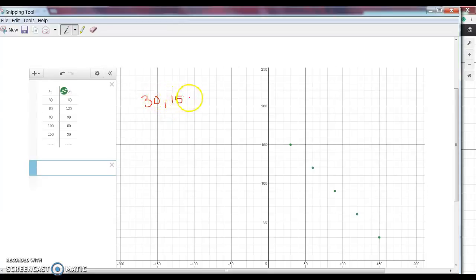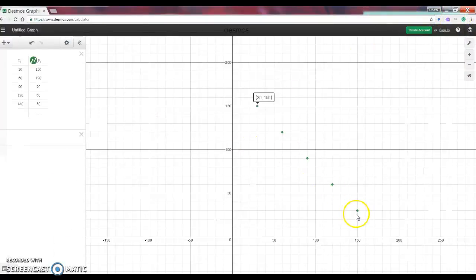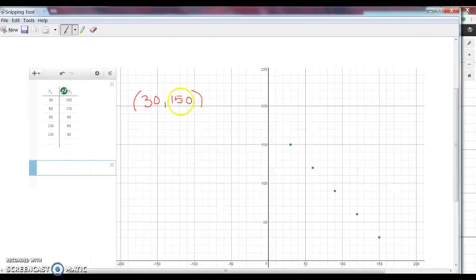Again, you can use any 2 points that you'd like. Let's do the second one here. That is 120, 60. So this point will be 120, 60.